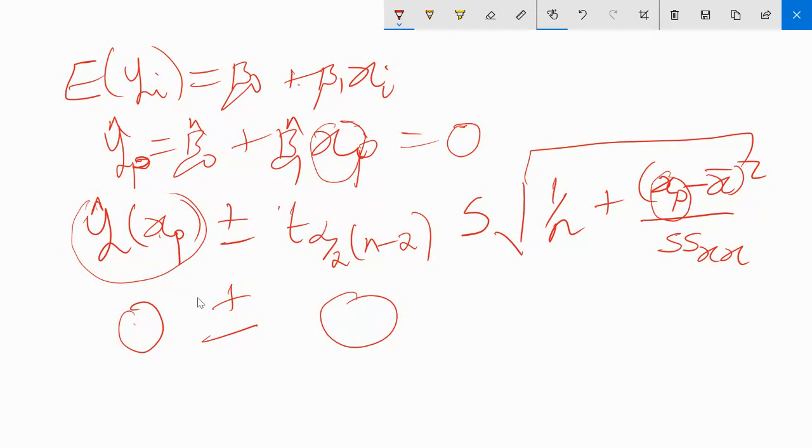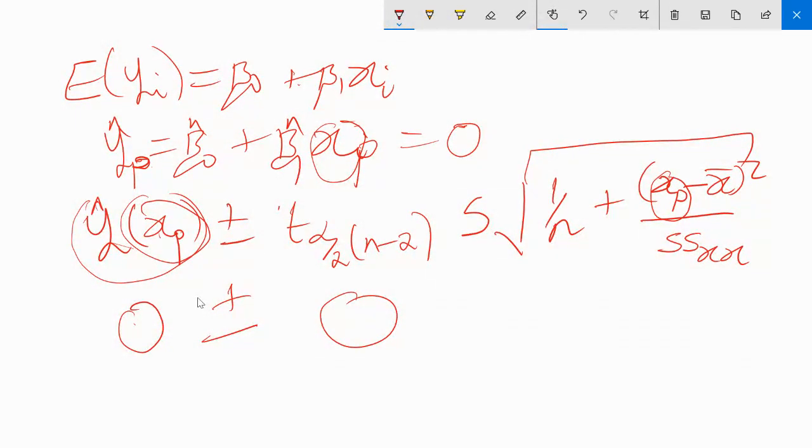You can write it as y hat p if you want to write it like that. It's still fine. This is to emphasize that we are substituting the value of x by xp. Are you answered? Yes. Thank you very much.